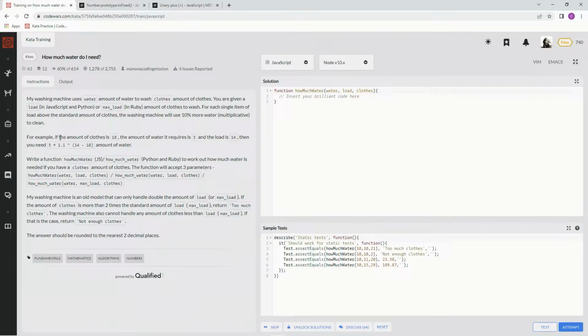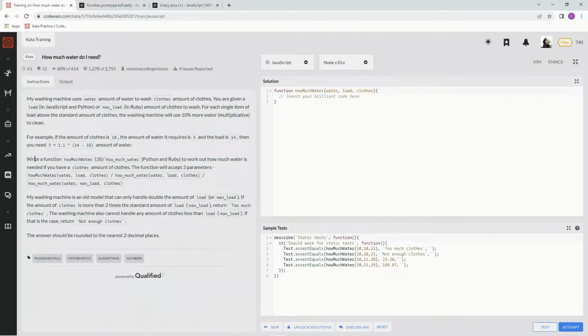For example, if the amount of clothes is 10, the amount of water it requires is 5, and the load is 14, then you need water times 1.1 to the clothes minus load power amount of water. So I don't know what the problem is.